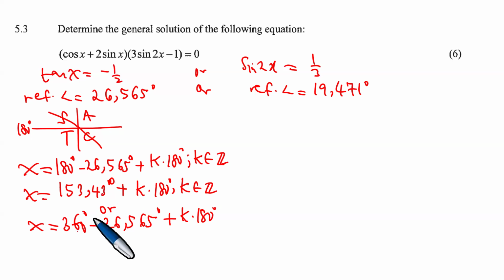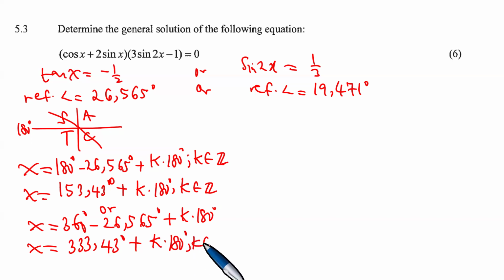Yeah, so we're getting here, for instance, x equals 360 minus that, which would give us exactly 333.43 degrees plus k times 180 degrees, and k is an element of integers.